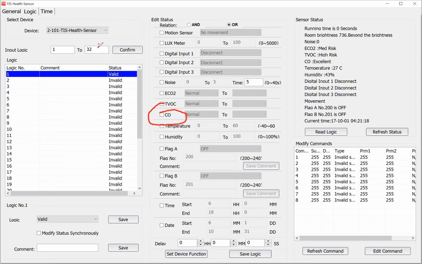Okay, today I want to program the health sensor with some examples. Now I want to talk about humidity. Do you know about mold? What is mold?